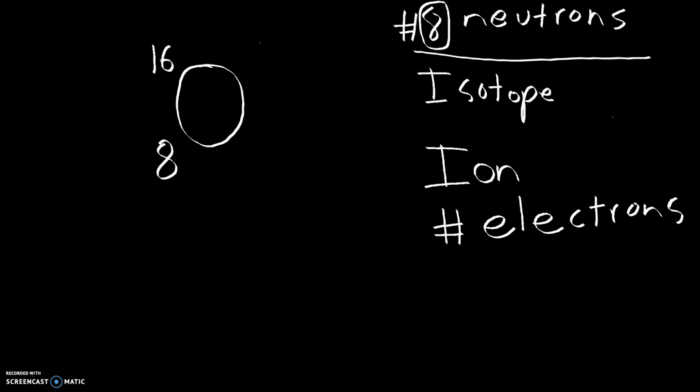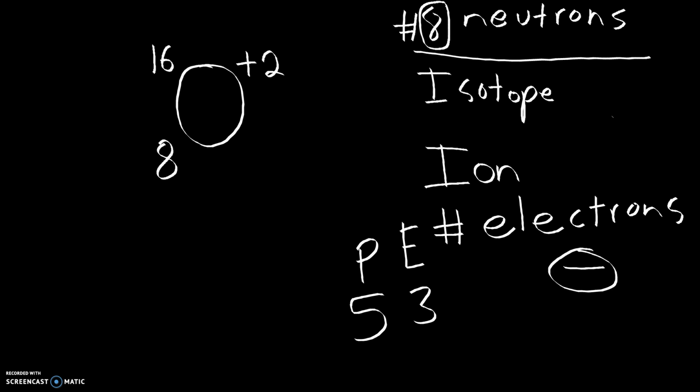But if there are 2 more protons than electrons, say 5 protons and 3 electrons, then the charge would be +2, because electrons are negative. I made a mistake earlier.